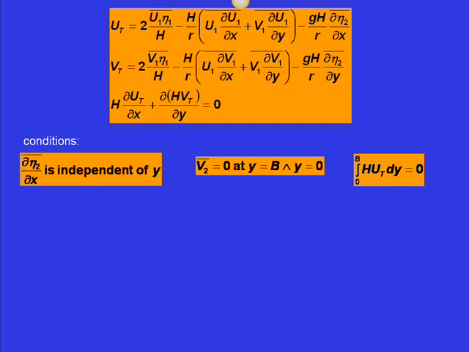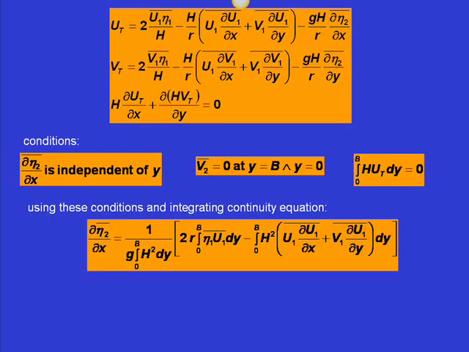And we use that the transport of water integrated across the channel in the y direction is equal to 0. If you use those conditions and integrate the continuity equation, you get an expression for d eta 2 dx, which is what you need to know the transport velocity ut, vt.